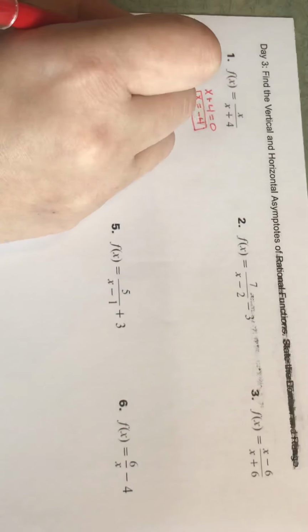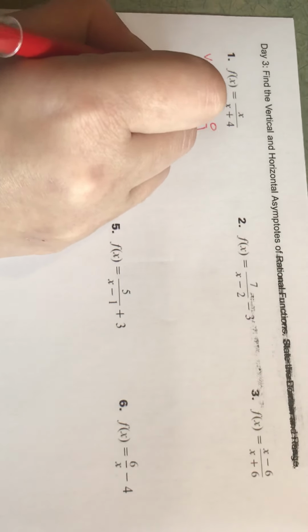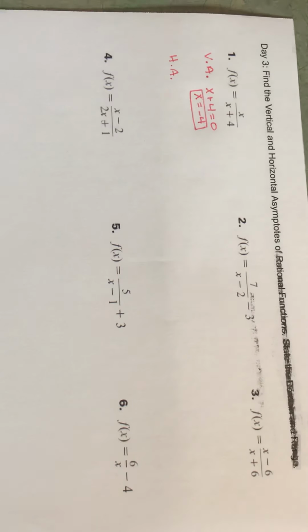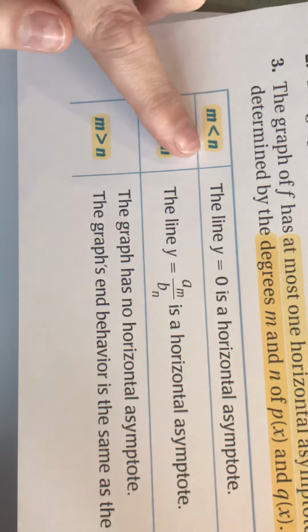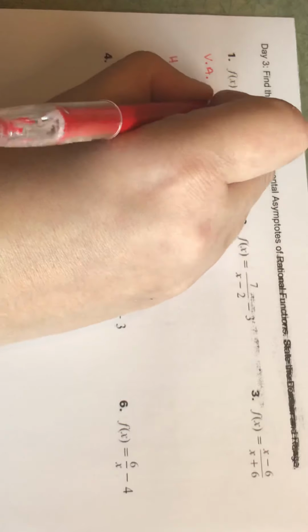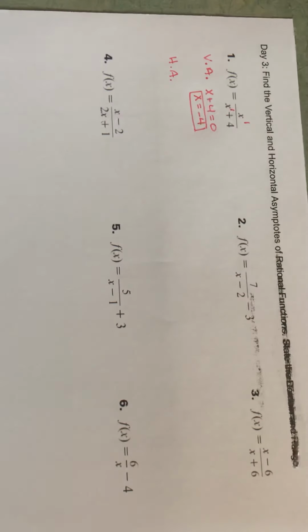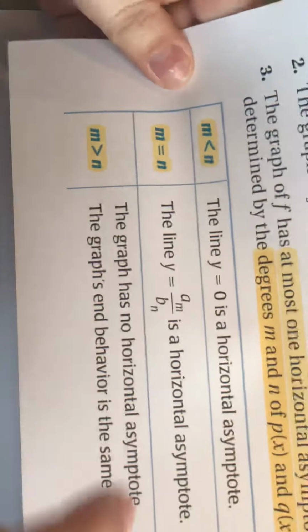Okay, and then for the horizontal asymptote, we use the little chart down here comparing the degrees. The degree here is 1 and the degree here is 1. So we look at our chart.